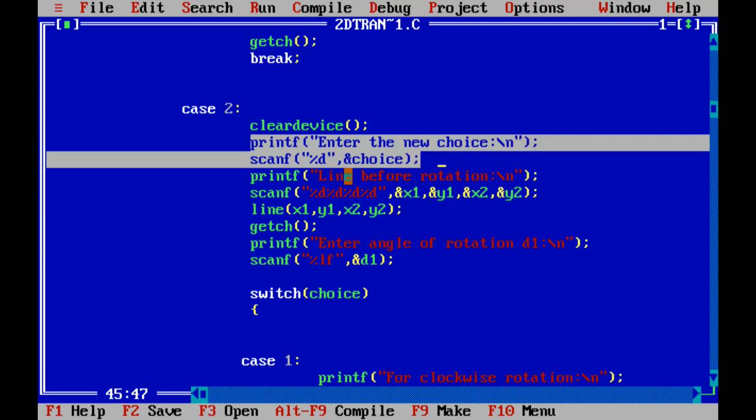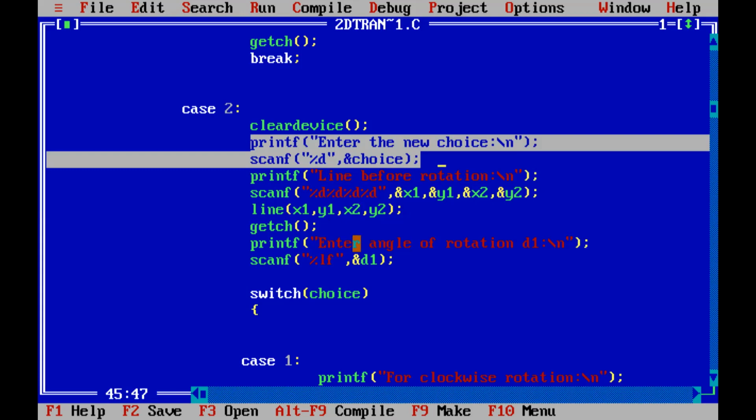Then we are printing the line before the rotation. So accept the coordinates x1, y1, x2, y2 from the user side. Then draw the original line. By using the line command x1, y1 to x2, y2, we are able to get the original line.